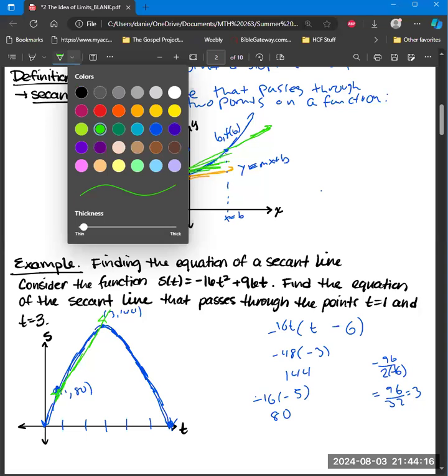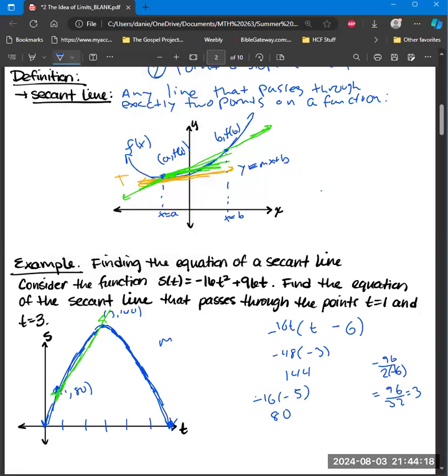And it's going to have a slope of y2 minus y1 over x2 minus x1, which is 64 over 2, which is 32. And we're going to have y minus y1.